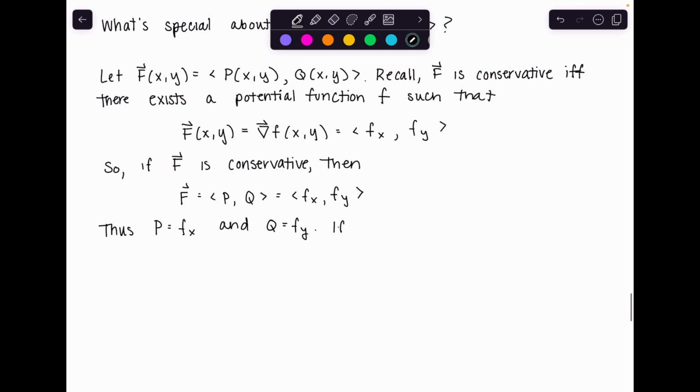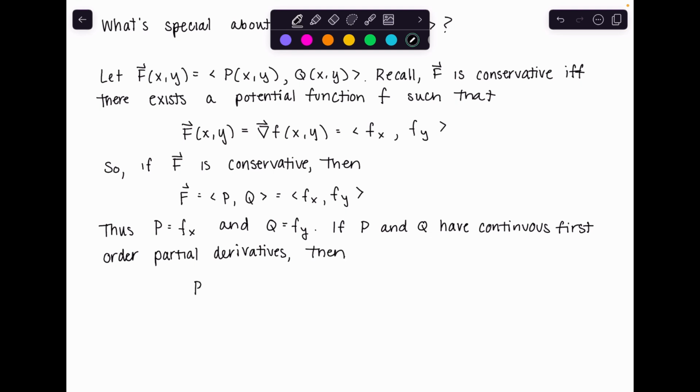So if P and Q have continuous first order partial derivatives, then P is in the first component. I differentiate it with respect to y to get this mixed partial. And Q is in the second component.